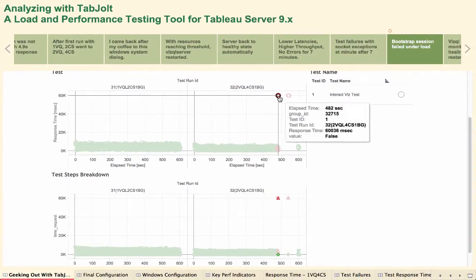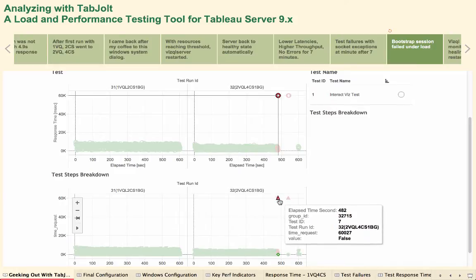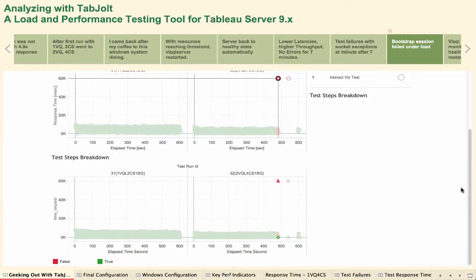So here, the top level test in this particular case was the InteractViz test. Now that particular test actually had specific test steps that were executed as part of it. So when I look at the highlighted requests, these are all the sub requests that happened as part of the parent request up at the top.